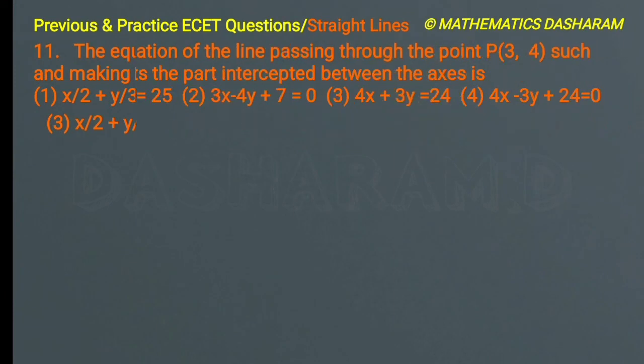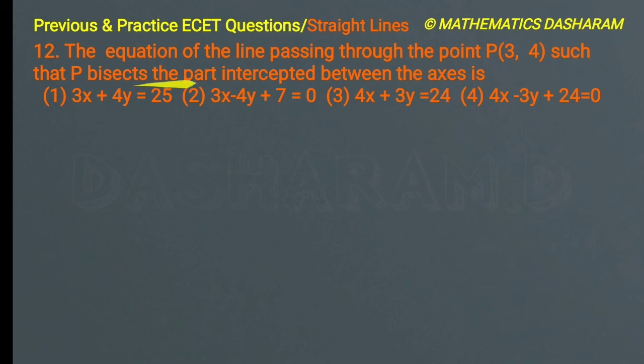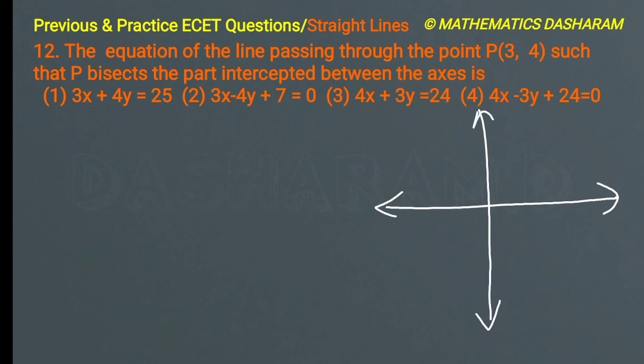Next, 12th question is, the equation of the line passing through the point P(3, 4) such that P bisects the part intercepted between the axes. Let's draw one diagram. So here is the x-axis and this is the y-axis. So the line passing through the point P(3, 4) such that P bisects the part intercepted between the axes.